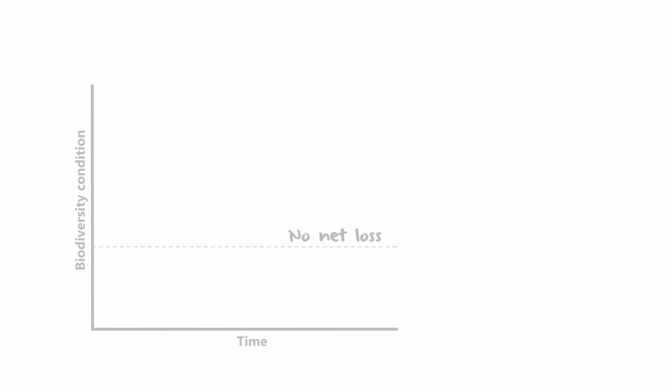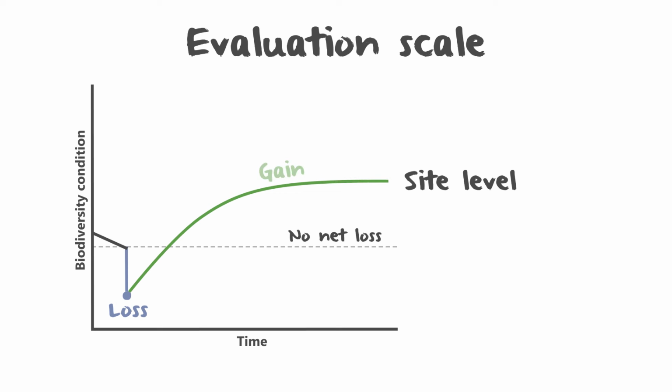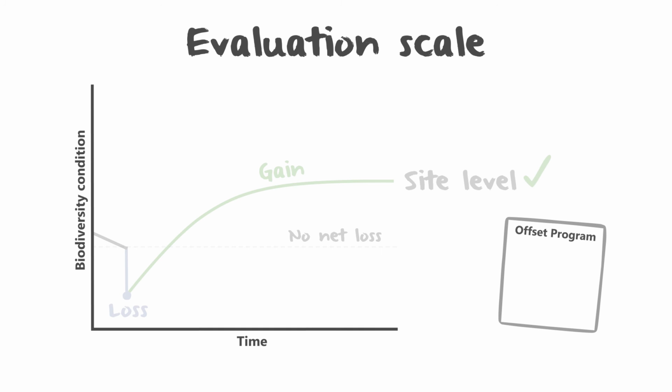Another important point to consider when evaluating offsets is the scale of evaluation. A site-level evaluation, like we have described here, is used to determine if and when a single development and its associated offset achieve no net loss. But we might want also to evaluate the performance of an offset policy or an offset program under which many offsets are being done.